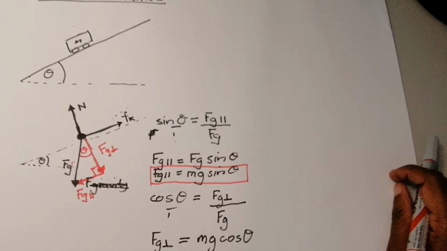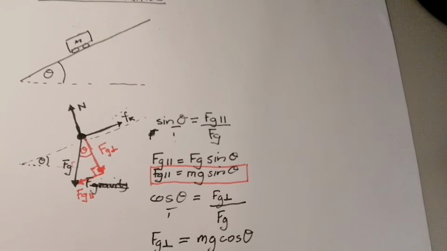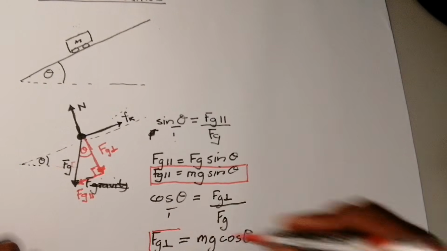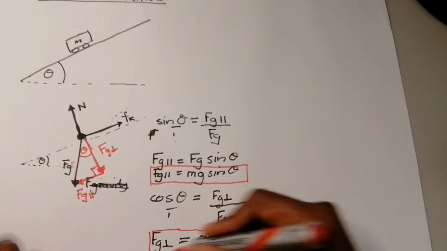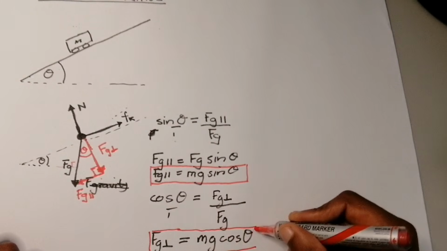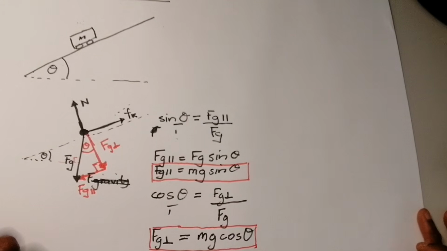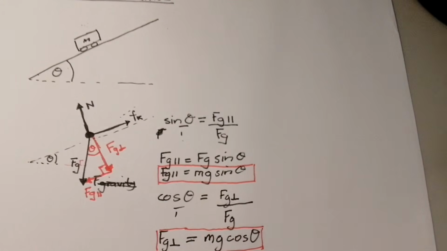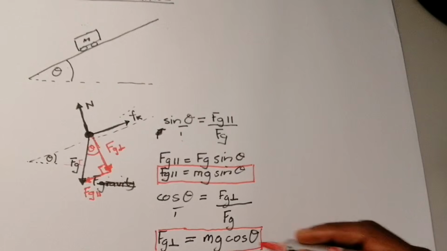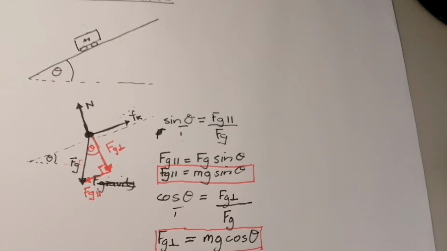If I want to find the perpendicular component, and by the way, we're going to need this, you'll see in just a little while, we're simply going to say it's mass times gravitational acceleration, the cos of the angle of elevation. Is that okay with everyone? Alrighty. Let's get ahead.